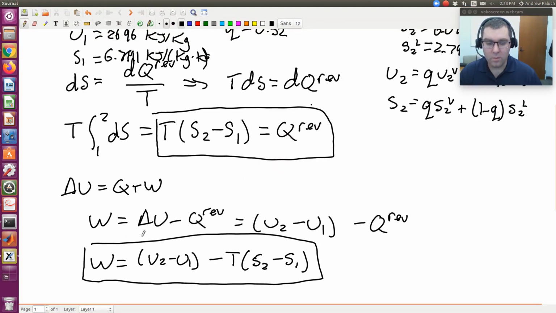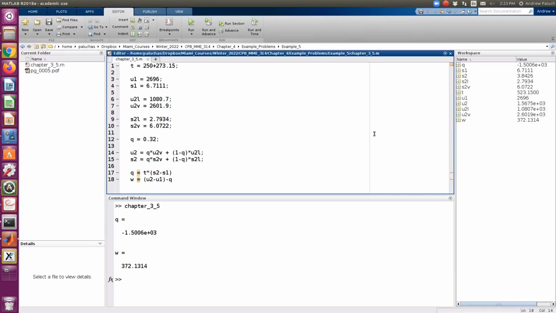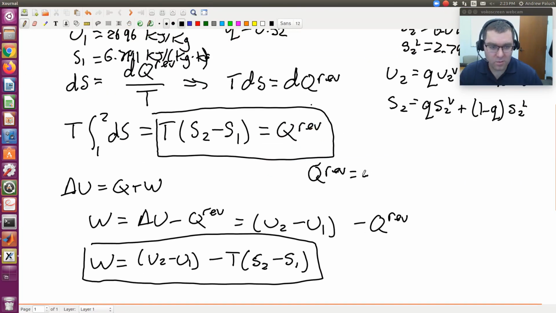So Q, my reversible Q, is negative 1.5006 times 10 to the 3, kilojoules per kilogram.